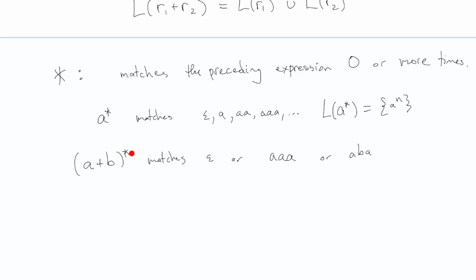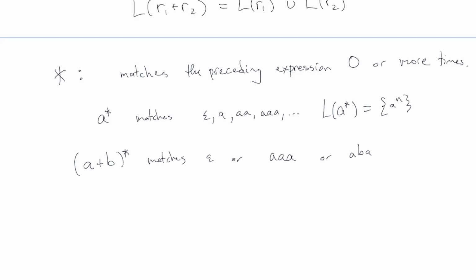So the way that the star interacts with the plus is a little bit non-obvious. And this is why I don't really like to describe the star as repetitions, because you're not necessarily repeating the same thing every time. The thing inside the parentheses can be A or B, and you can make different choices each time. So this does match something like ABA.